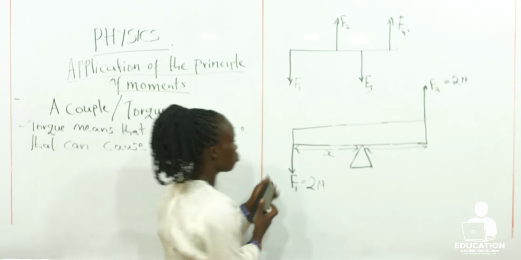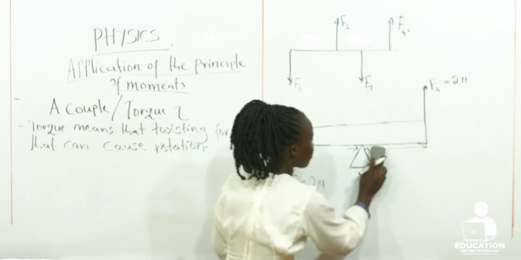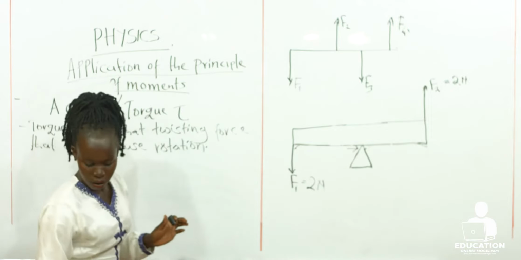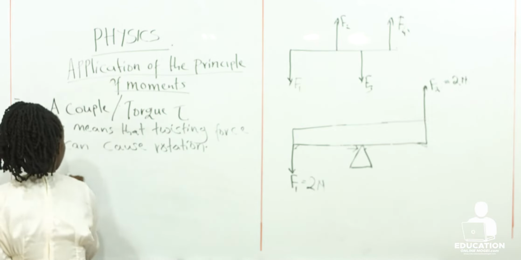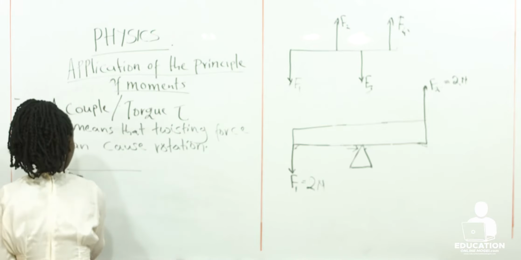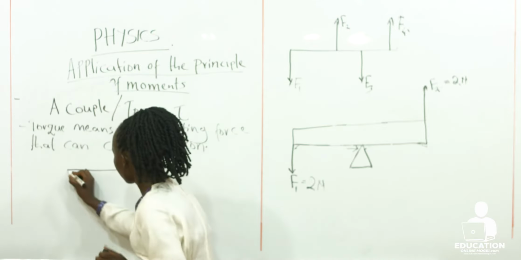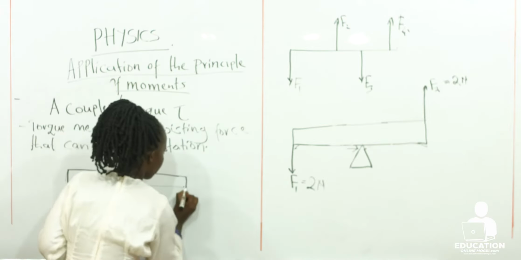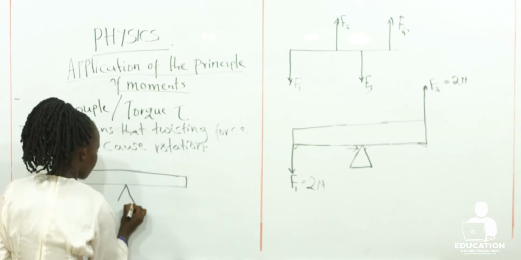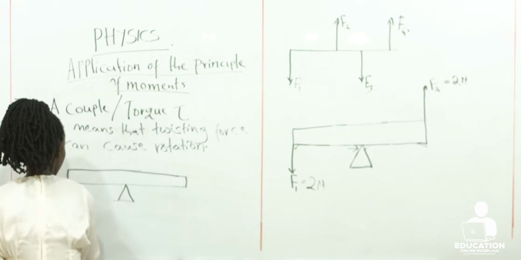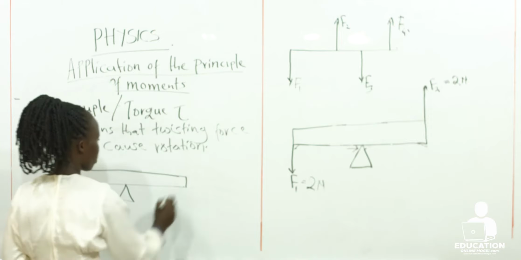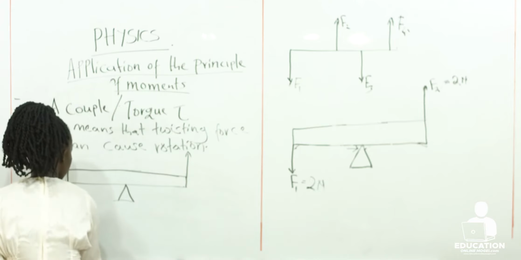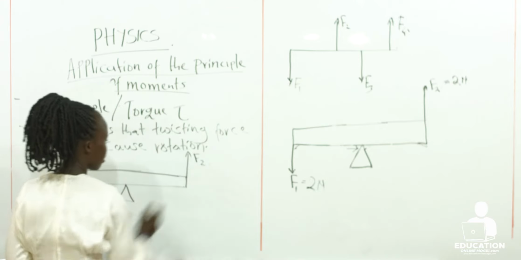okay, I guess let's draw a different one. We are having our meter rule here, like this. So we have a fixed point here. Then we have a force acting this way and another force acting that way. So we are saying this is F1, and then we have our F2.